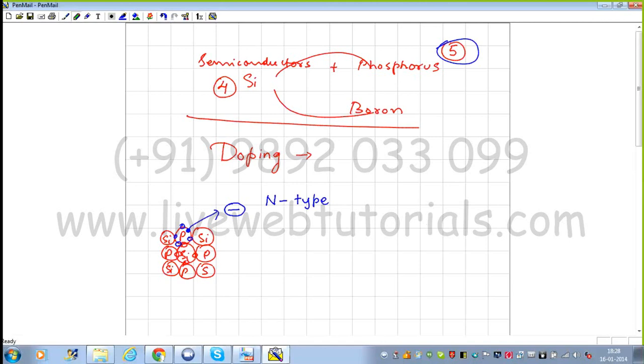If there is an element like boron which is having 3 electrons, you can show the bonding similar to the first case. Here silicon is bonded with boron.